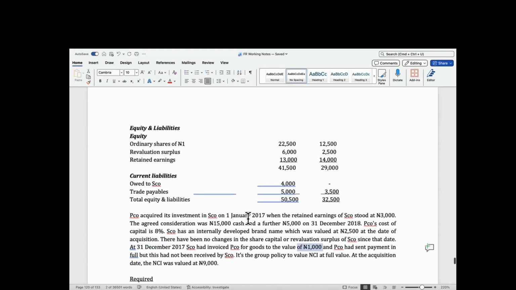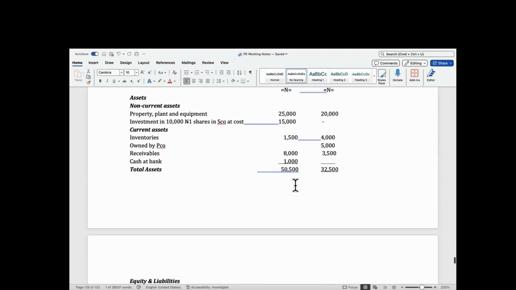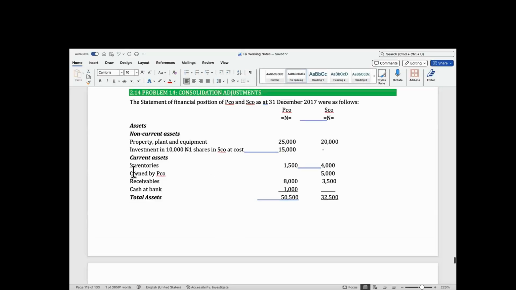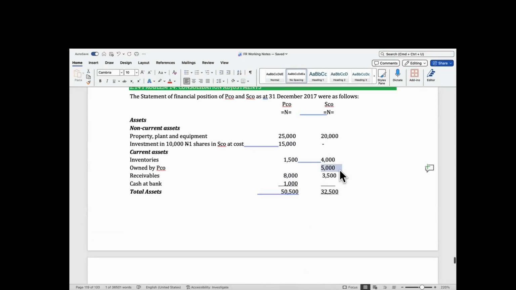Which is why I can see here that the parent is saying that he owes the subsidiary 4,000, but the subsidiary is saying that you owe me 5,000. That's because the parent has paid 1,000 that this guy hasn't received.